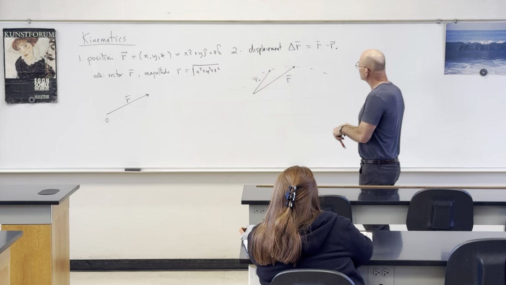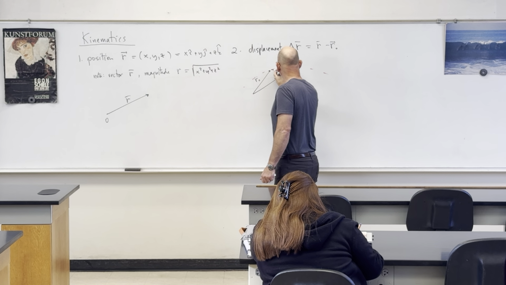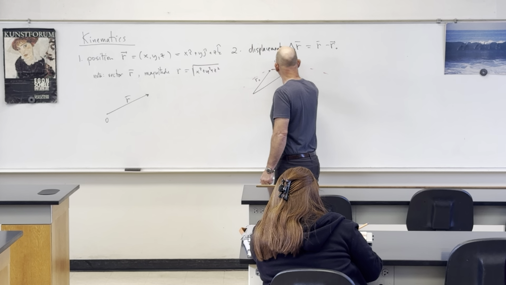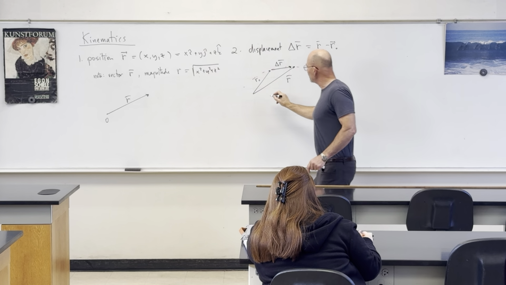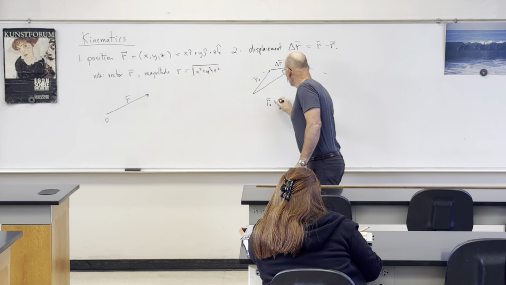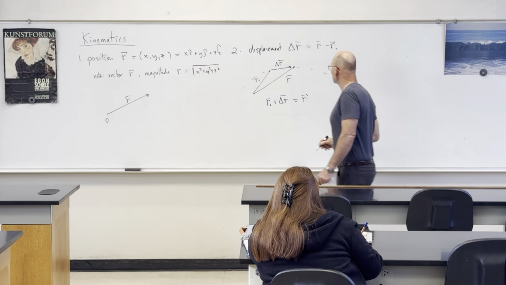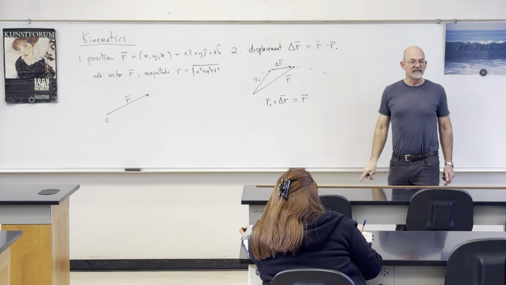So then the delta R, by the laws of vector addition, is this one right here. Delta R. And since vectors just add like arrows, you've got your R0 plus delta R is equal to R.